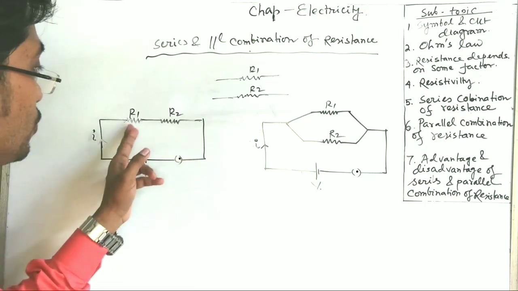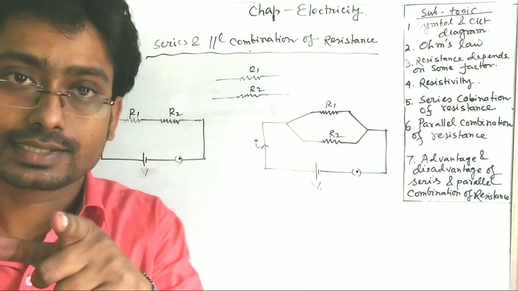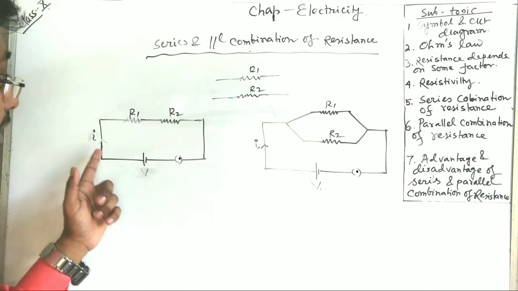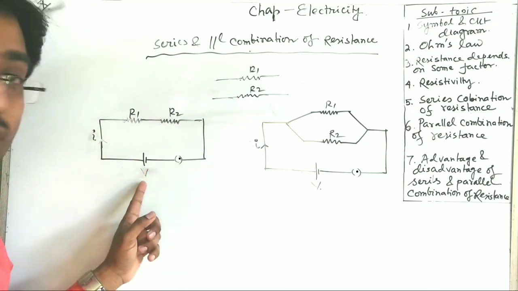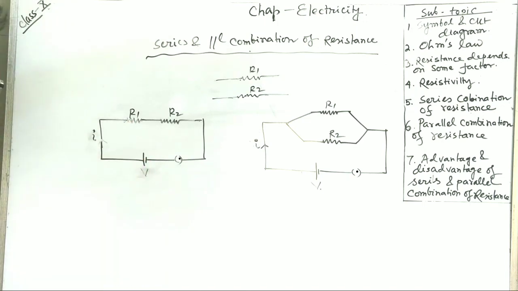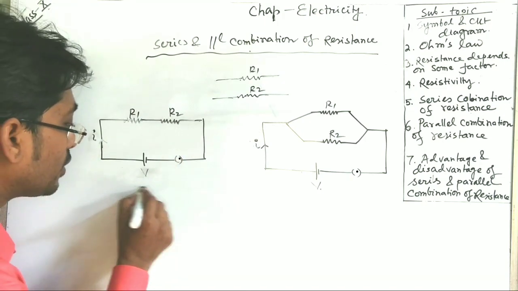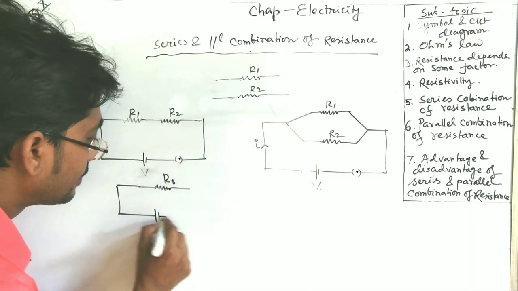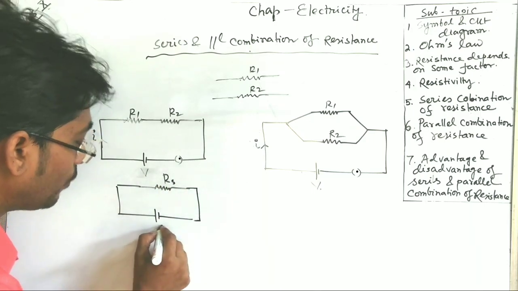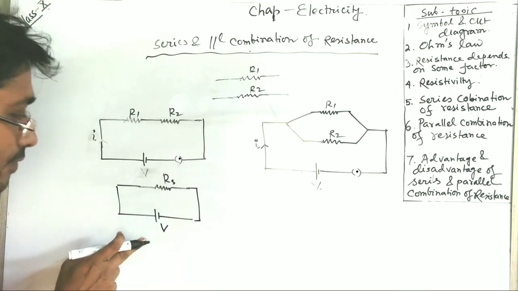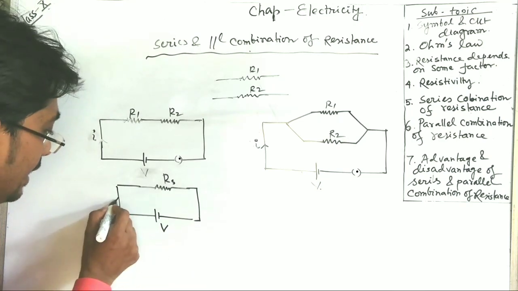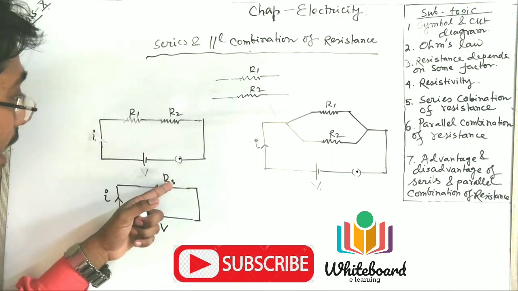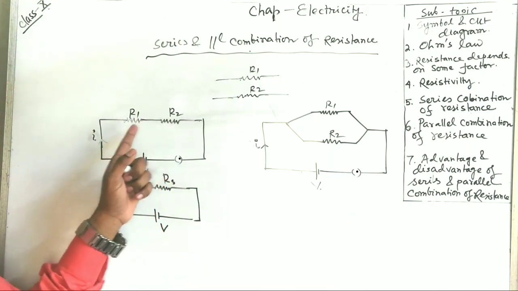Instead of using these two resistances, if we use a single resistance instead of two, and the current in the circuit is also I, if we do not change V, then suppose instead of two resistances we have taken one resistance, that is RS, and in the circuit the voltage we have kept the same, that is V, and the current is also the same as in the previous connection. Then this RS will be the equivalent resistance of R1 and R2.